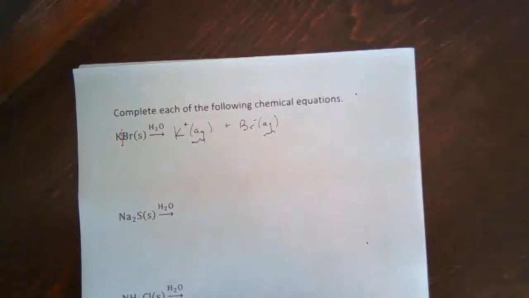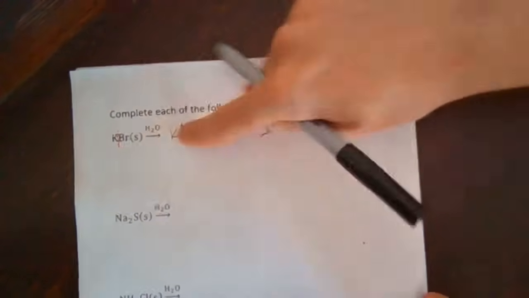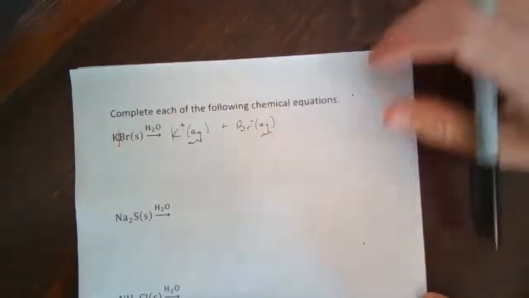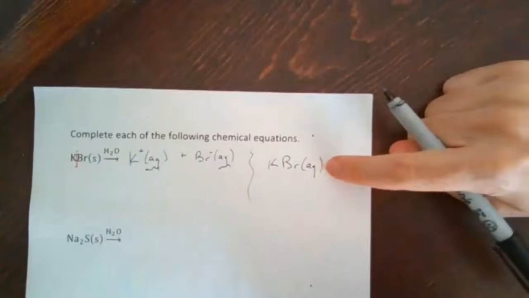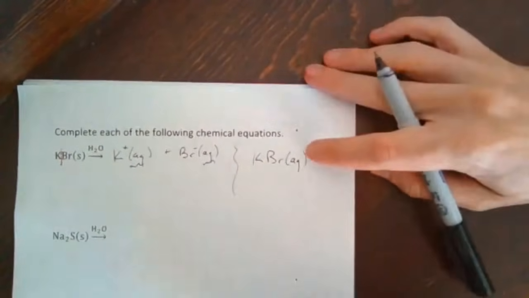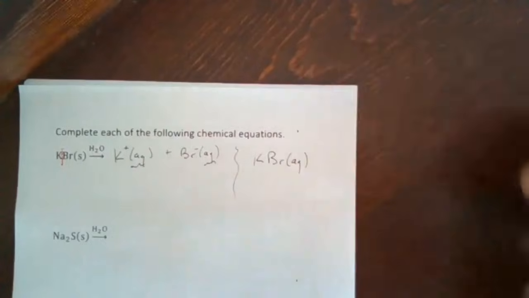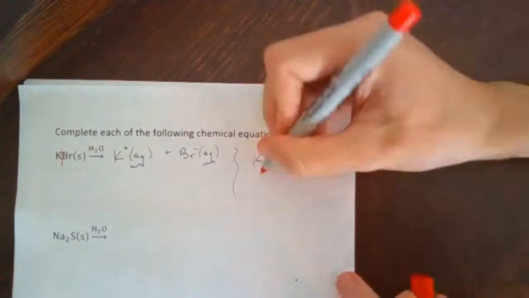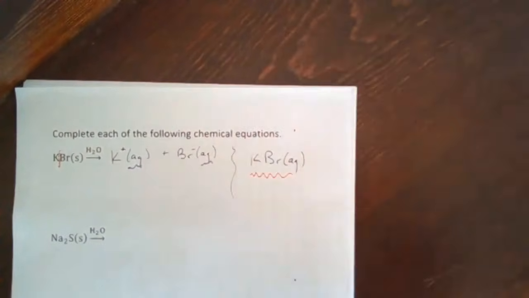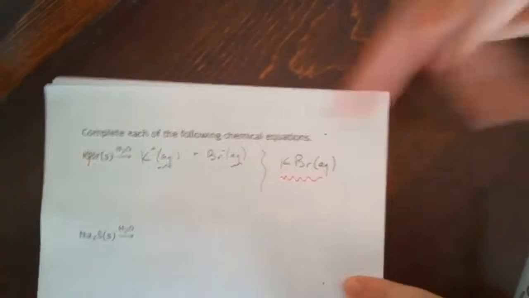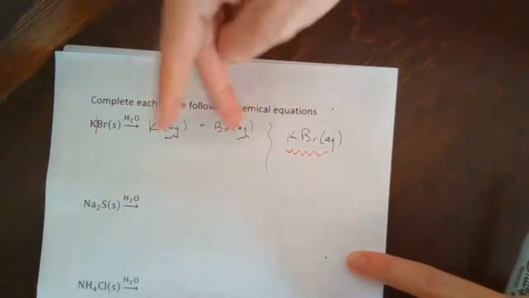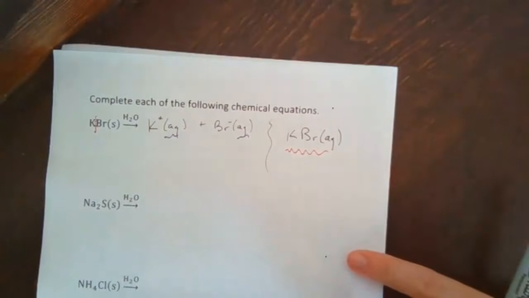So when potassium bromide dissolves, it's potassium ions and bromide ions. It is worth noting that oftentimes when we write this, we would still say KBr(aq). We're going to talk about these salts as being dissolved. The one thing we want to remember is that when we write that we have a dissolved salt, it really is two independent ions floating around in solution.